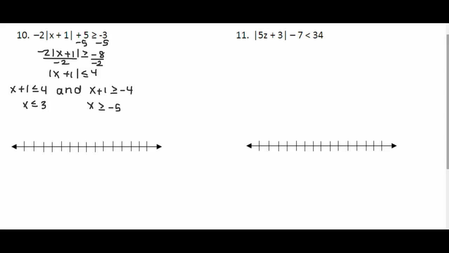So my solutions live between them. Closed circle at negative 5, closed circle at positive 3, shade between.